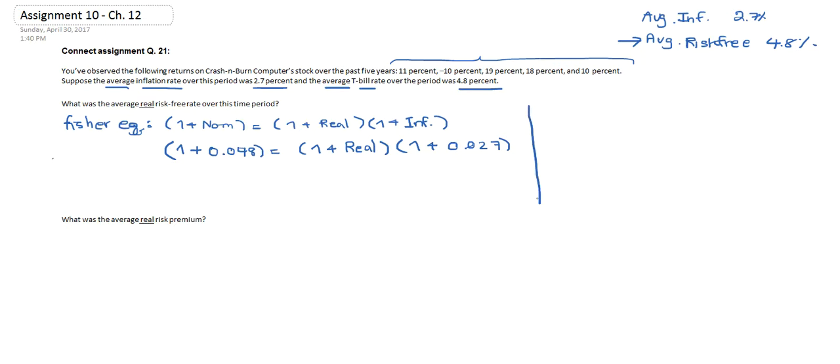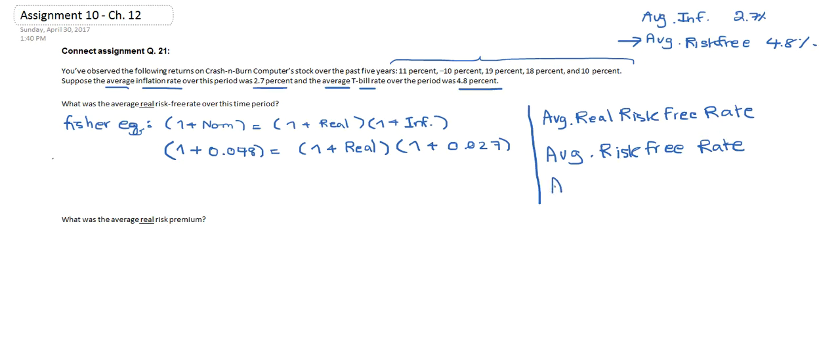So go back here, I want you to see something. If we want to find the average real risk-free rate, we need to have the average risk-free rate, and then we need to have the average inflation rate. With these two things, you can find it.